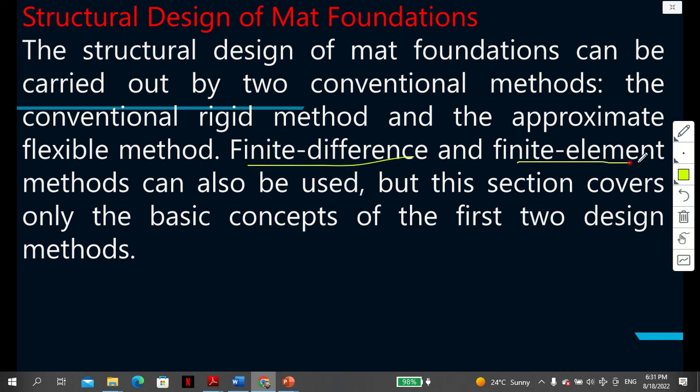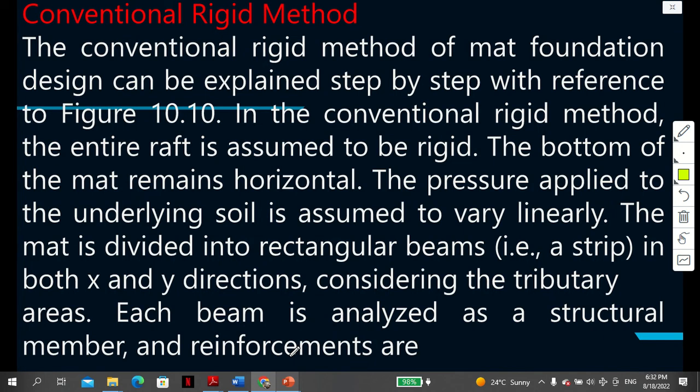Now these ones are computer aided, which you can learn. Any software that can do design, be it structural, uses finite element. But in this case, we're just going to do the basic principles.